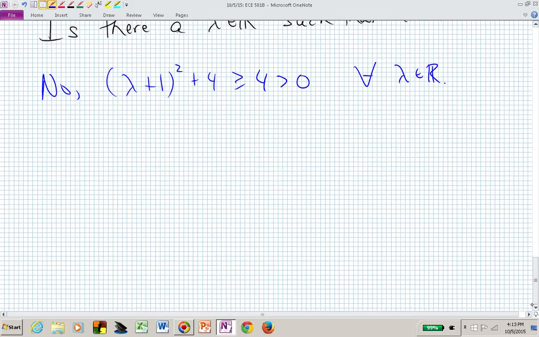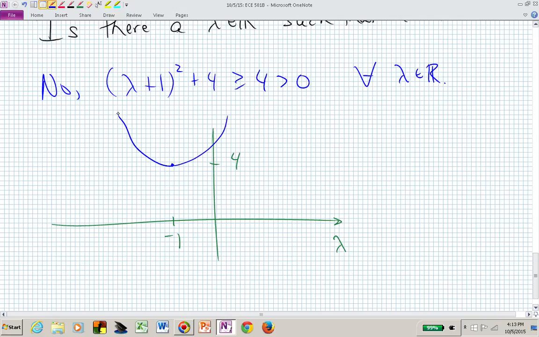And if you wanted to think about it more, let's say, pictorially, if this is lambda, and here's 4, and this may not be very accurately drawn, but now we have something that will be 4 when lambda is -1, and then it just grows from there, and it's growing quadratically. Like I said, this is not a very accurate sketch, but you get the idea.